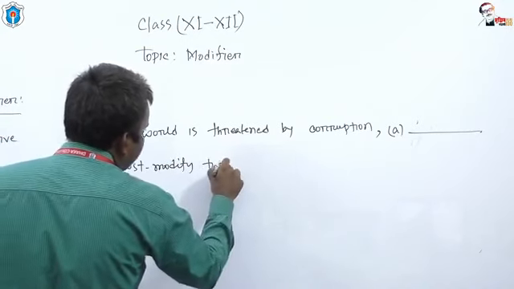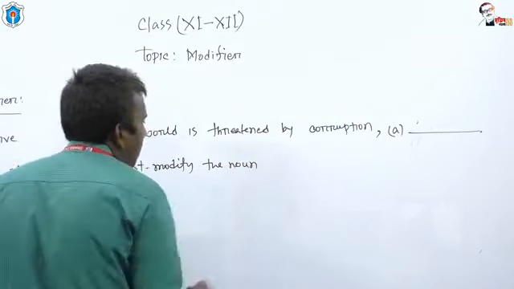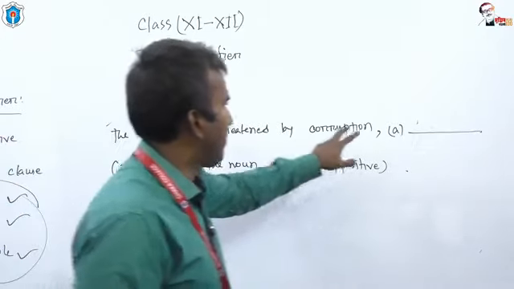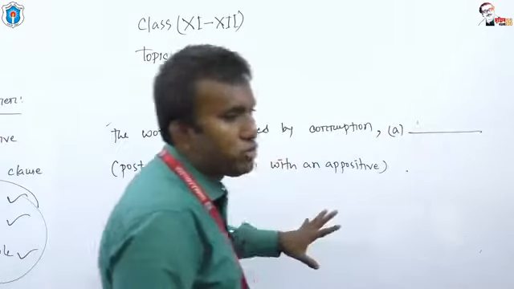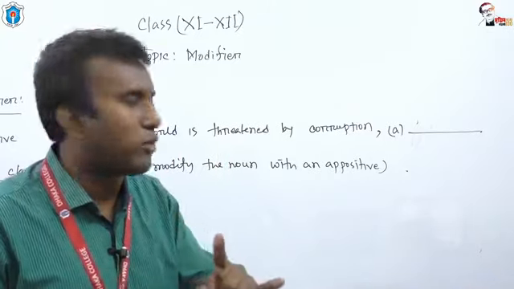First, modify the noun with an appositive. What should be the answer? The world is threatened by corruption. You have to use a clause consisting of a relative pronoun.